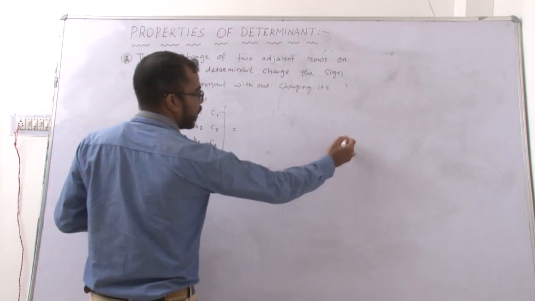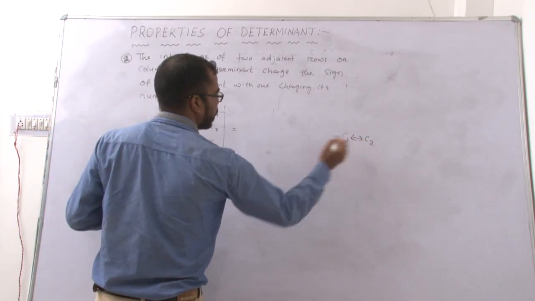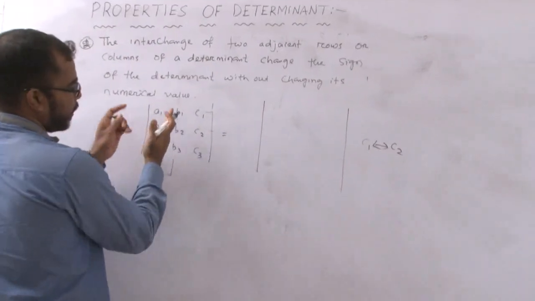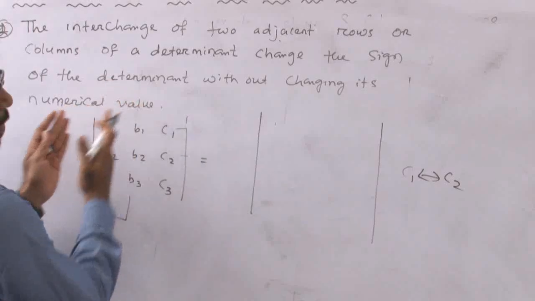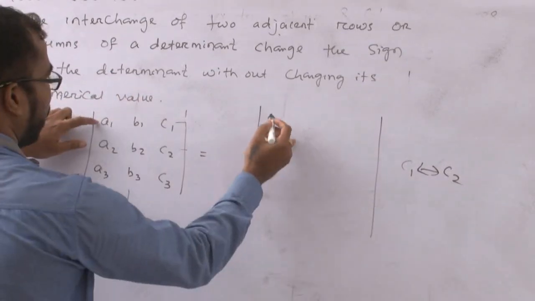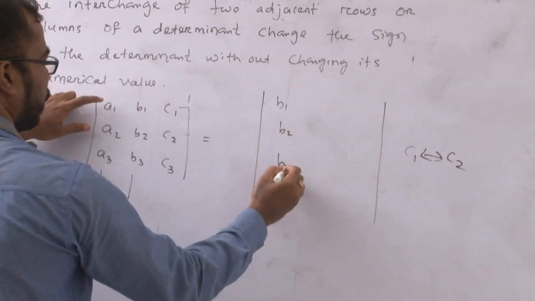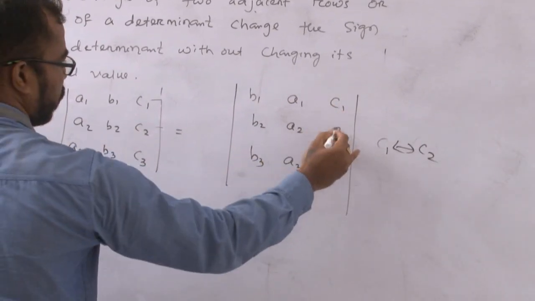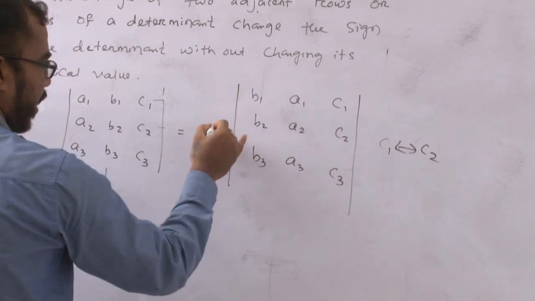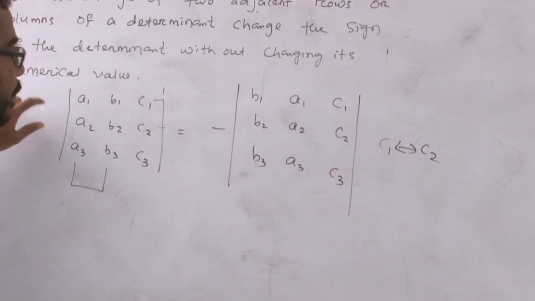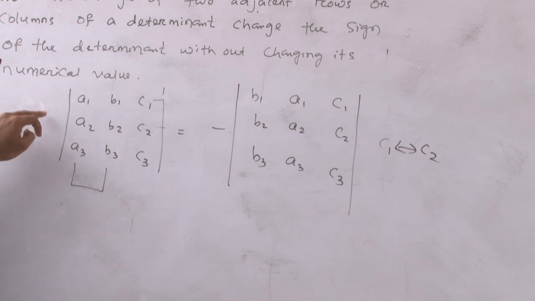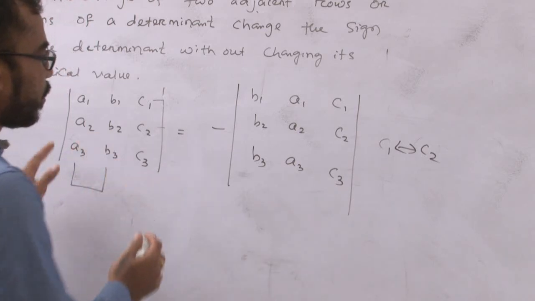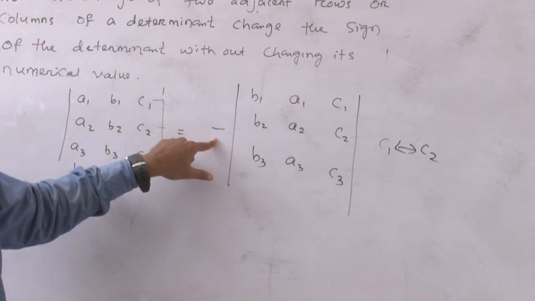If we change C1 and C2, we write C1 in place of C2 and C2 in place of C1. So we can write B1, B2, B3, and here A1, A2, A3, and C1, C2, C3. And the sign will be negative because the given determinant is positive. So by interchanging two adjacent columns, we change the sign only.